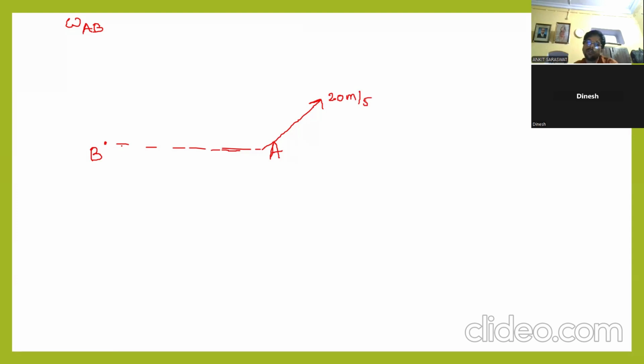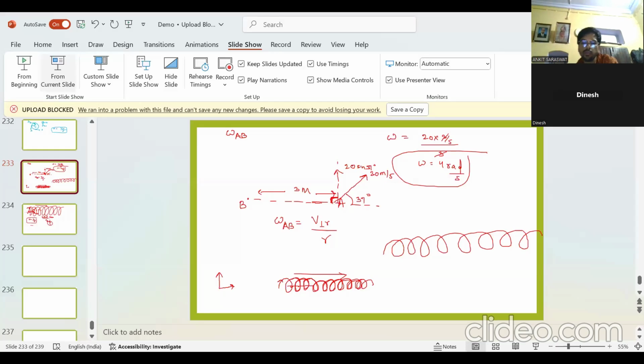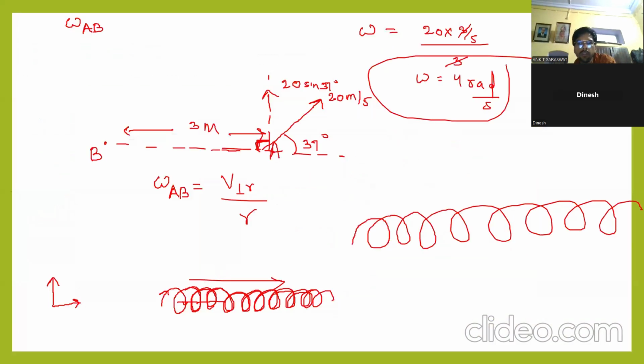What is the answer? Have you seen this motion, moving circular and translating like this? Circular and translation motion. We have discussed this. Omega will be 4. Clear?